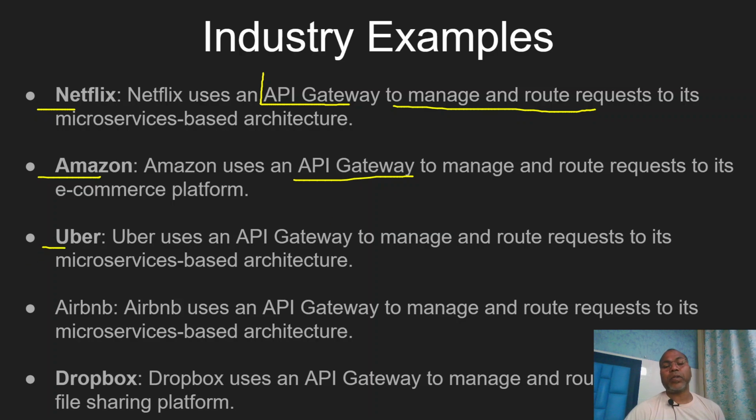Uber also uses an API gateway for its microservice-based architecture. Generally, modern applications using microservice-based architectures use an API gateway. Even in different industries where applications are developed in a microservice environment, they use API gateways. You can find Dropbox, Airbnb, Facebook, LinkedIn; everyone uses an API gateway to manage their APIs.